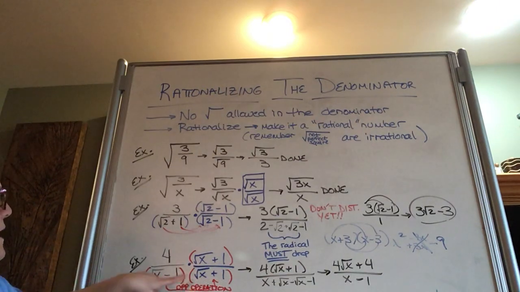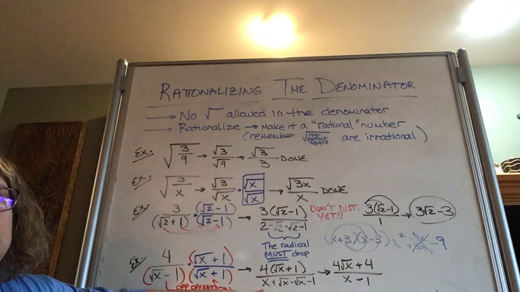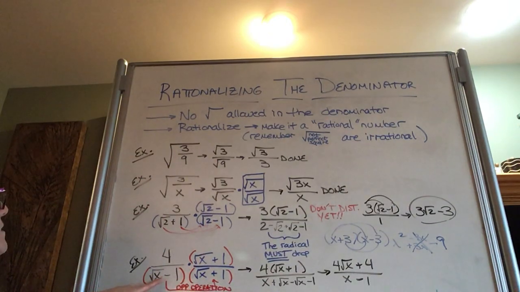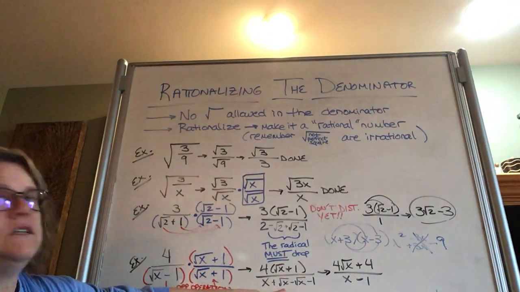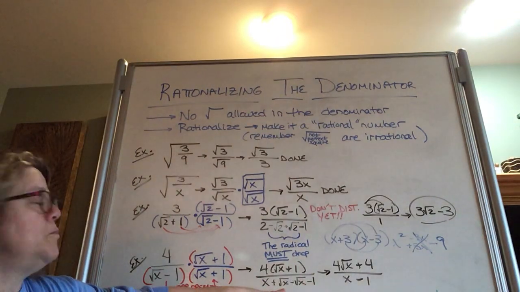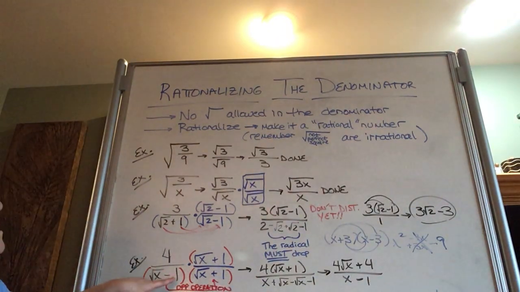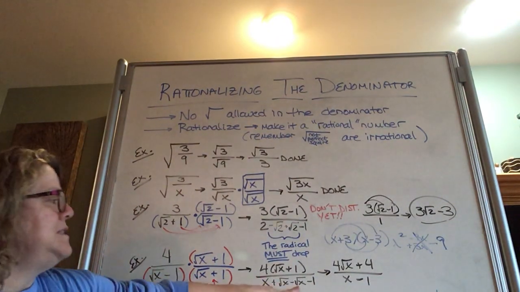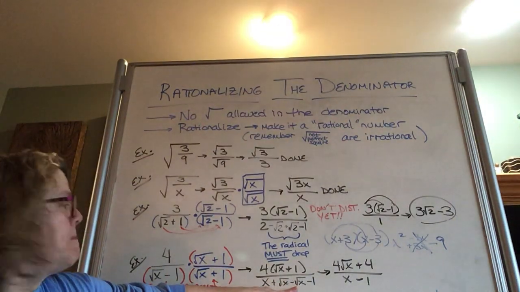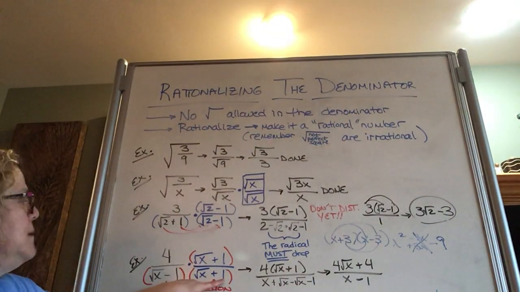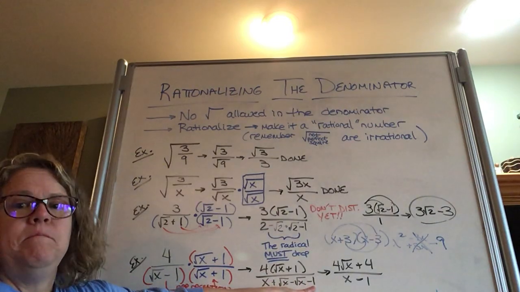So I have radical x times radical x, that's just x. Then I have radical x times 1, which is positive radical x. Negative 1 times radical x is negative radical x. And negative 1 times positive 1 is negative 1.